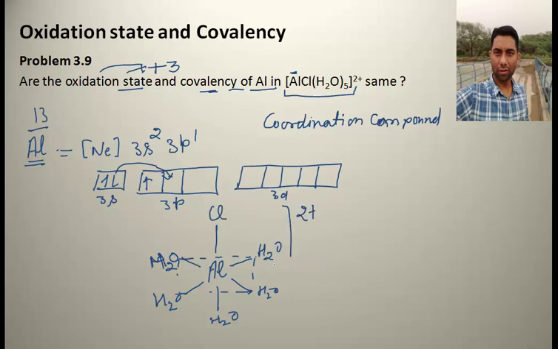This will be the structure. Now coordination number or covalency: covalency is limited to how many orbitals have been involved in the formation of these bonds. As you can see, aluminium has 1, 2, 3, 4, 5, 6, so its covalency is 6, because 6 orbitals are involved, resulting in 6 bond formation.